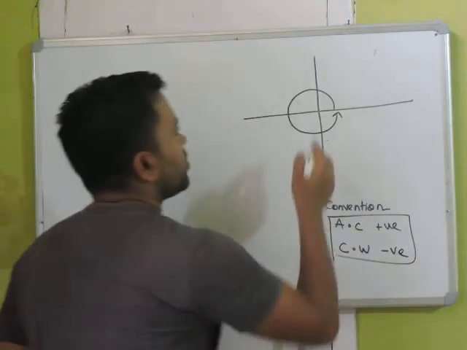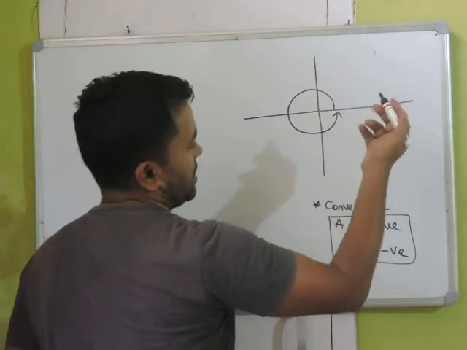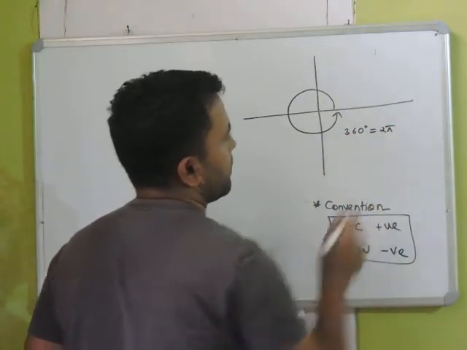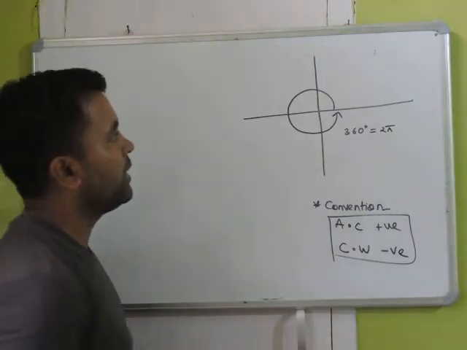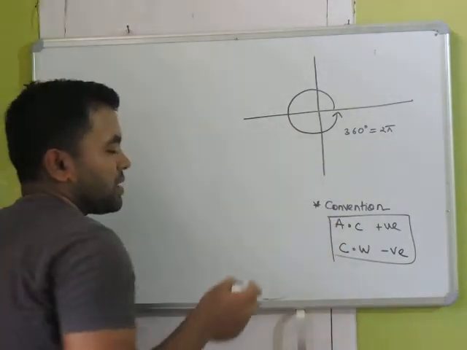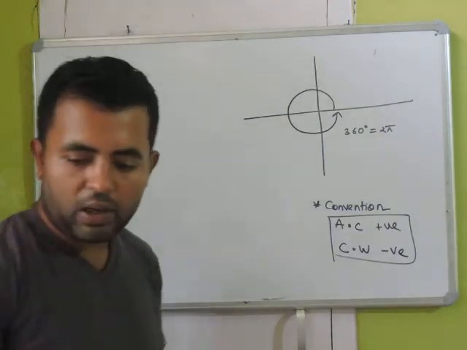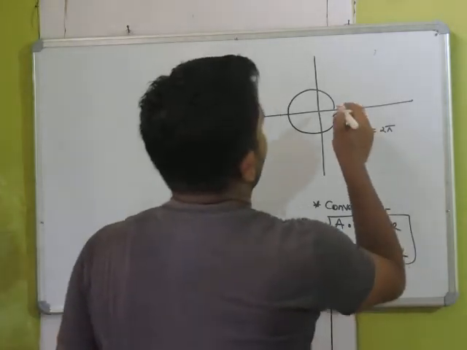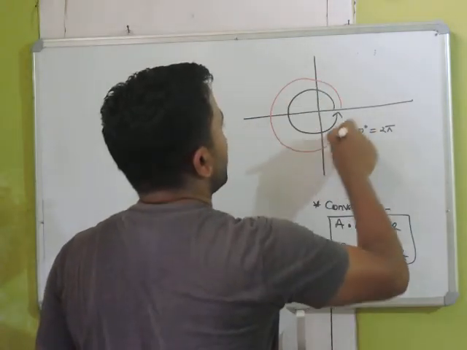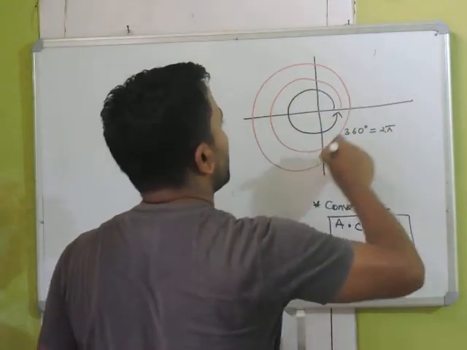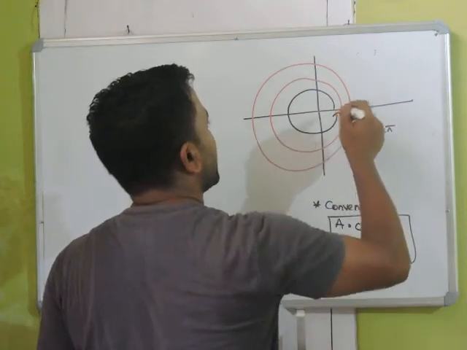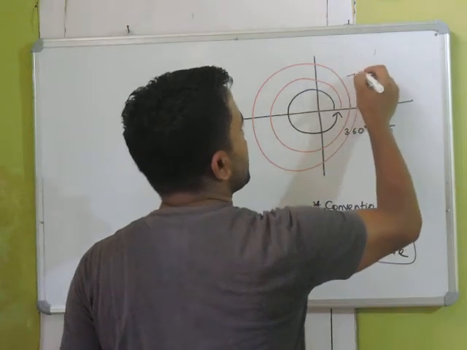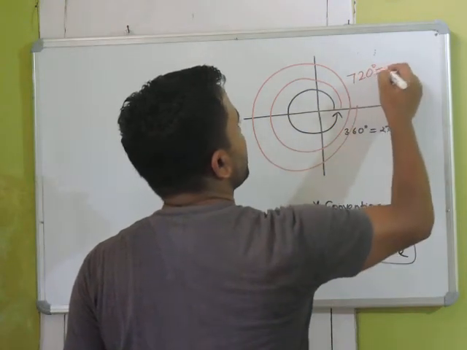Now suppose you go around once, you subtend the angle 360 degree or 2 pi radian, right? We talked about it. Now suppose you go around like this, so you go around one, then you go one more time. So you started here, so this is 2 rotations. In this case you will subtend the angle 720 degree, which will be 4 pi.